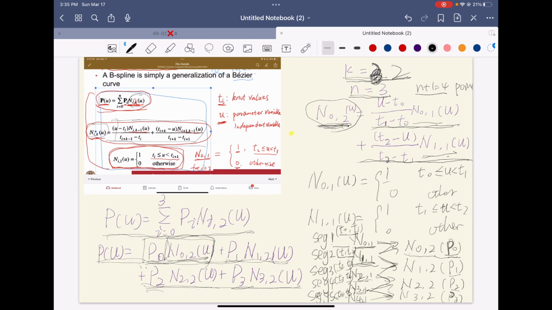After that, we expand and create 5 segments: t0 to t1, t1 to t2, t2 to t3, t3 to t4, t4 to t5. And using these 5 segments and the equations involving N0,1, N1,1, N2,1, N3,1, N4,1, we describe P(u).